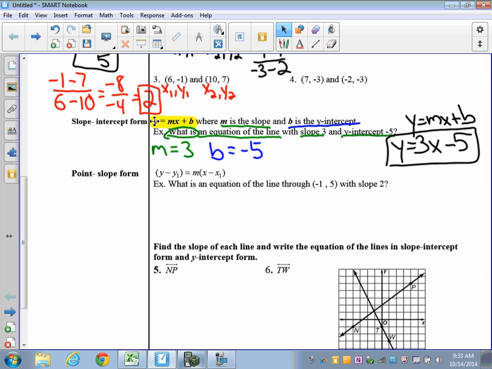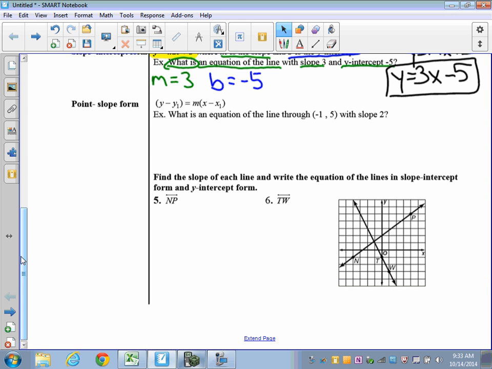We also have point-slope form. This is probably one of the trickier things that you will do this unit, one of the trickier things you should have learned in Algebra 1. So it says, what is an equation of the line through -1, 5 with slope 2? We're going to be using this equation right now.